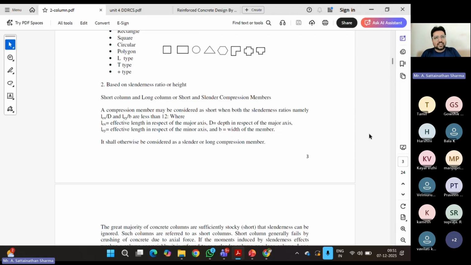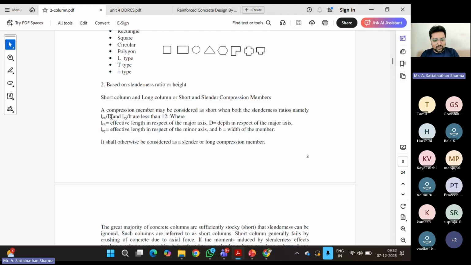It may be L by D or L by B, any direction, because if the column section is not symmetrical, that is not 200 by 200 or 400 by 400, instead I'm getting 200 by 300. One side is 200, the other side is 300. Like here you can see it's a square column, this is a rectangular column. You can assume the value here as 400 and this will be 200.